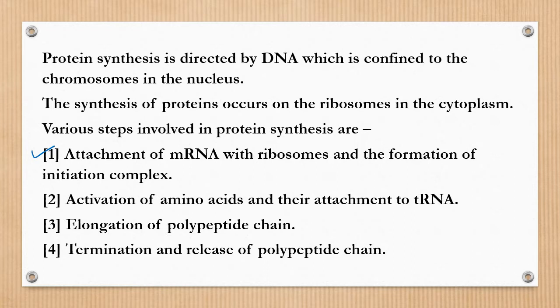It forms by attachment of mRNA with the ribosome. The second step is activation of amino acids and their attachment to the tRNA, transfer RNA. Third, elongation of the polypeptide chain. And fourth, termination and release of the polypeptide chain. These are the four steps, and we are going to discuss these four steps in this video.